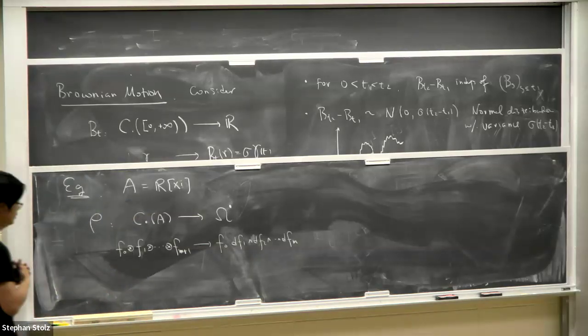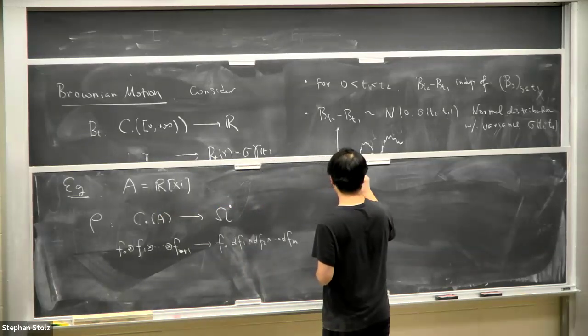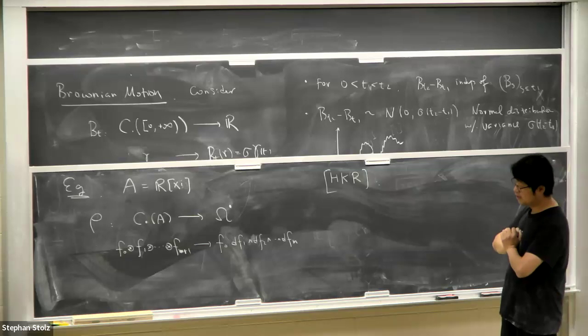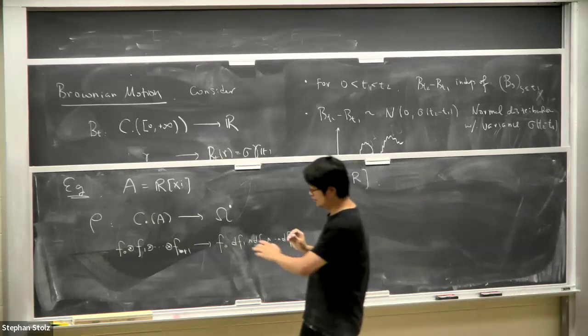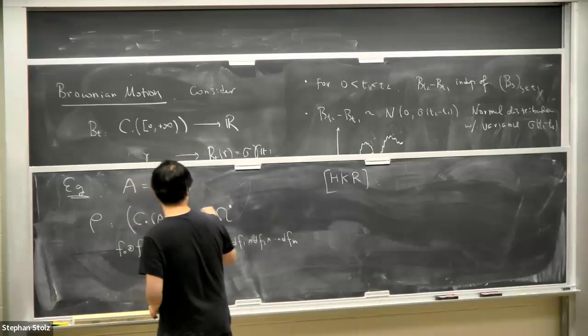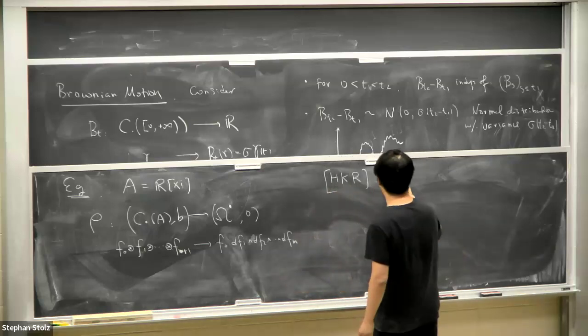And now the classical Hochschild-Kostant-Rosenberg theorem basically tells you this map is actually a chain map from this Hochschild complex to the complex here, which is a quasi-isomorphism.